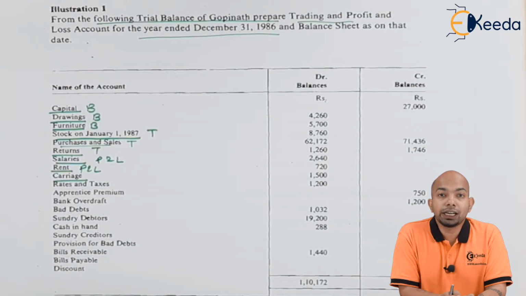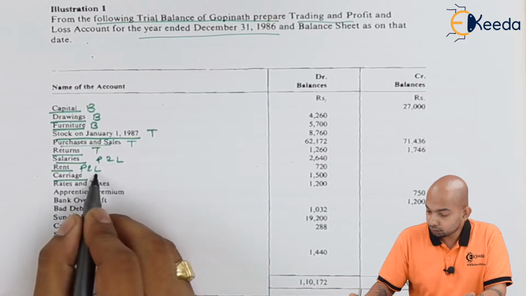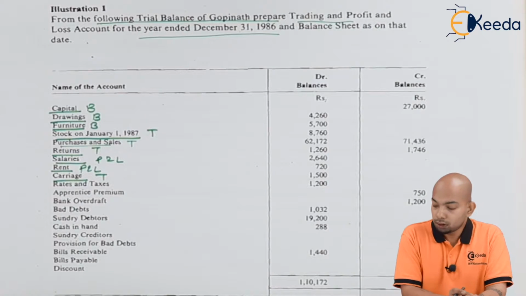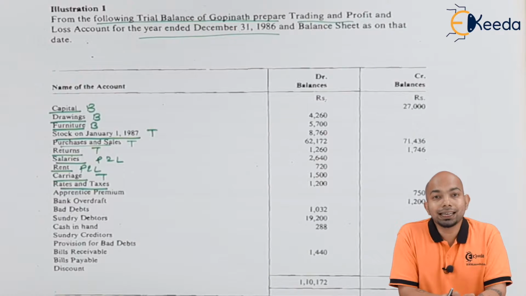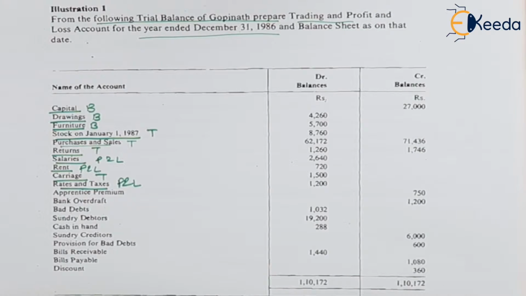Carriage will be a part of trading account, hence it will be mentioned in the trading debit side. Rent and taxes again is a part of office and administrative expense, hence it will be a part of profit and loss account. Next, apprentice premium is again a part of profit and loss account, hence it will be something which is related to profit and loss items.